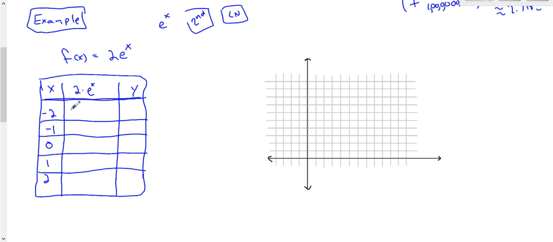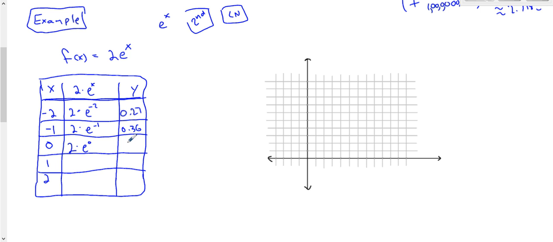So basically, we're just going to do 2 times e to the negative 2 using your calculator. And you're going to round this to 2 decimal places, and you'll get 0.27. You can't create a fraction out of it. When we do 2 times e to the negative 1, we will get 0.36. 2 times e to the 0, well, anything to the 0 power, even e, is going to be 1.